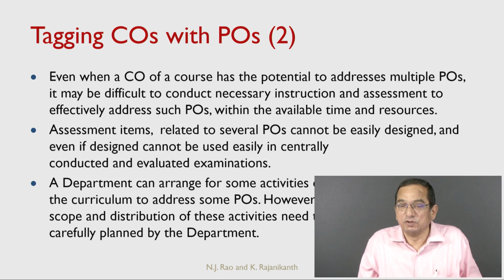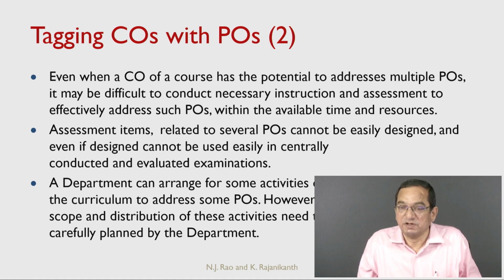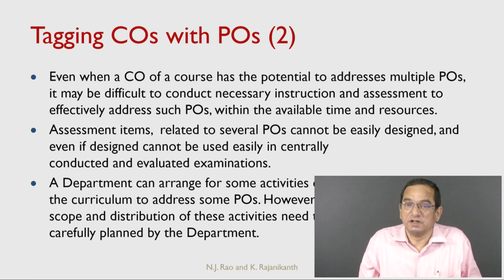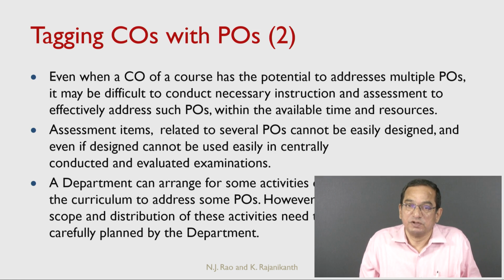Thus, even though the course has the potential to address multiple POs, it may be difficult to conduct the necessary instruction and assessment. The teacher has to use discretion, and if it is feasible to conduct the necessary instruction and assessment, then she can map the CO to those POs.